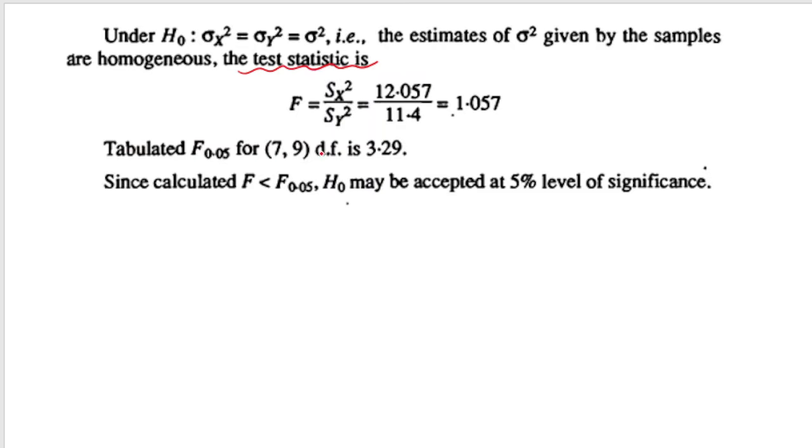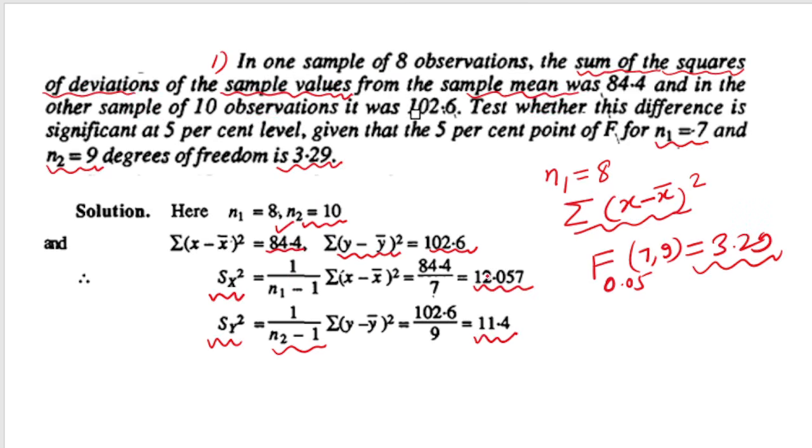One thing we need to note is that when we calculate this test statistic F, we always take the greater value in the numerator. Here Sx square is greater, so we take it to calculate F. I will write Sx square by Sy square. Don't make the mistake of writing 11.4 by 12.057. This is a very important point.